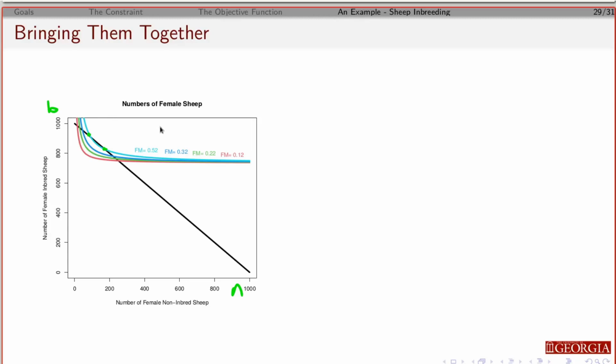So let's get really greedy and try to get 0.72, see what happens. Now note, this does not intersect my constraint. There's no possible way for me to satisfy my constraint and also get 0.72 kilograms of fleece per sheep.